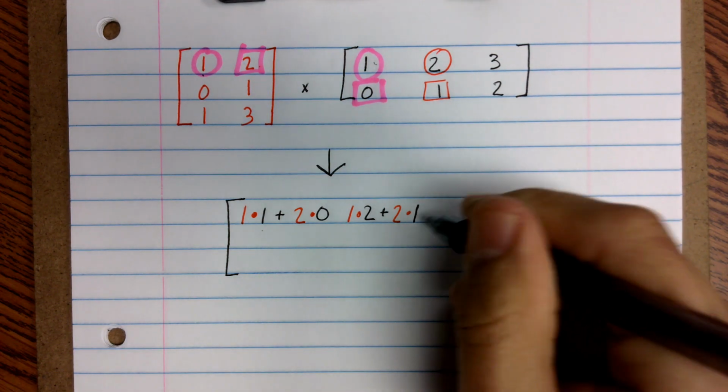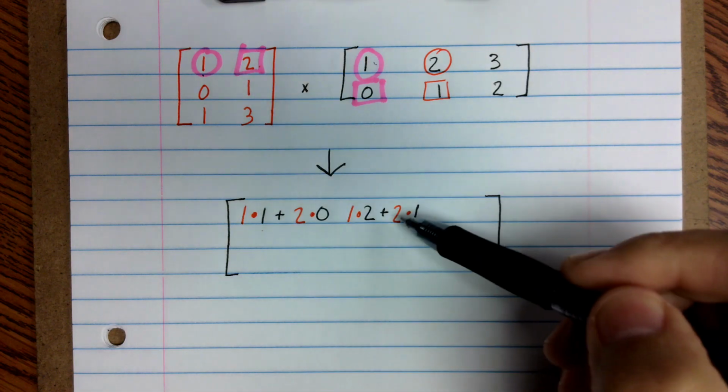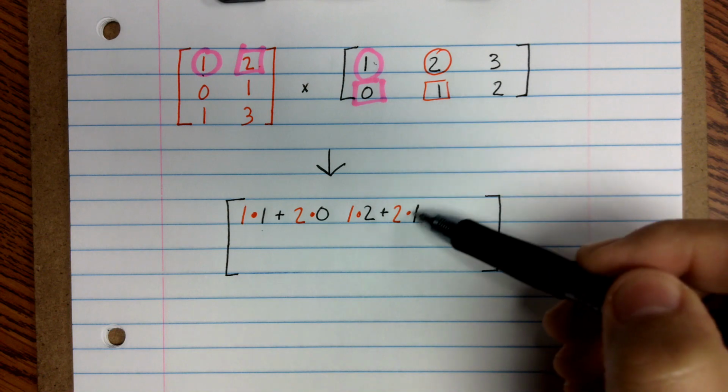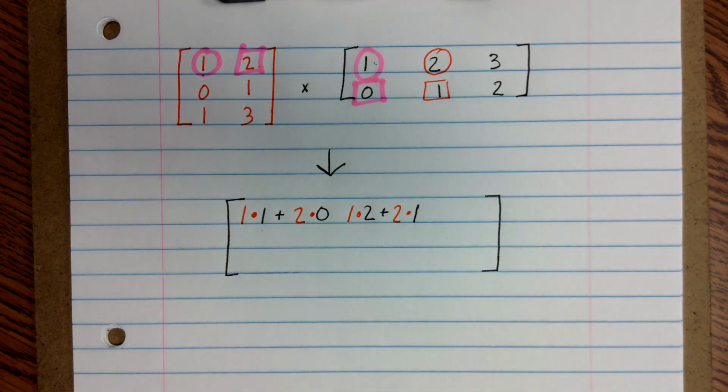And I color coded the numbers so you know, right? The red number is coming from this box, the black number is coming from this box. And then we're going to go to the next one, right? Because we have another column to do.